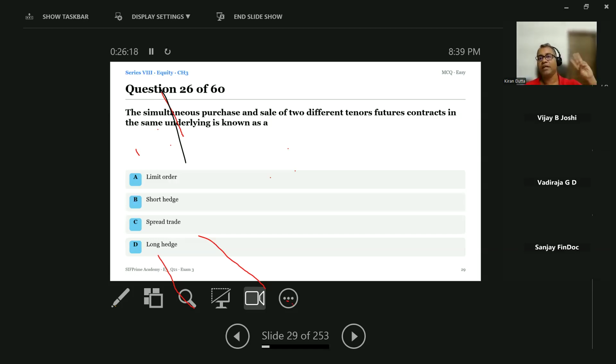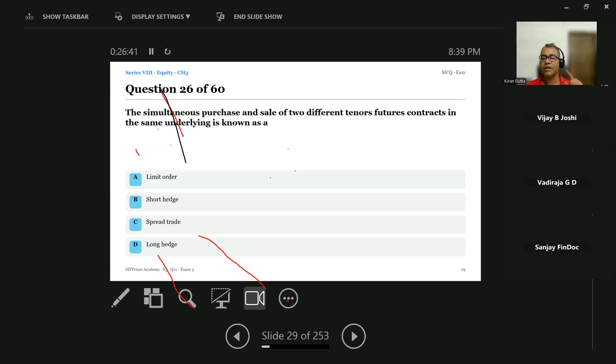Who are the three main participants that we discussed? There are hedgers, speculators, and arbitrageurs. So this question is asking who is an arbitrageur. They purchase and sell the same future contract of the same underlying. So spread trade also stands for arbitrage.